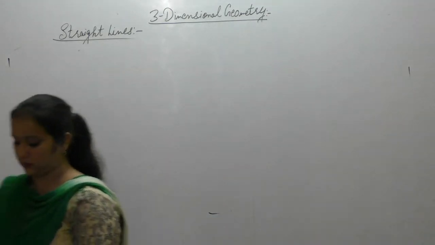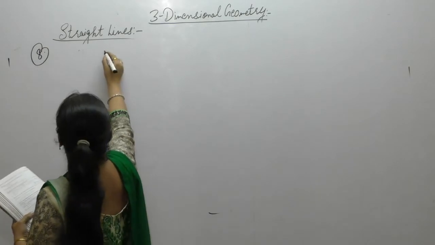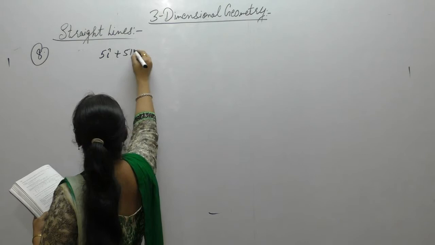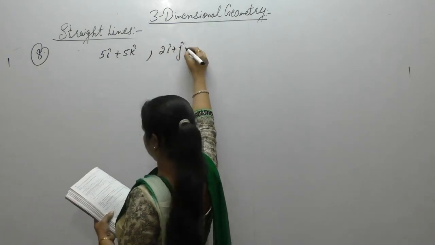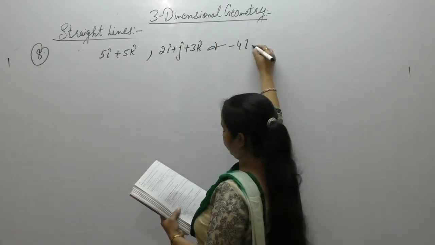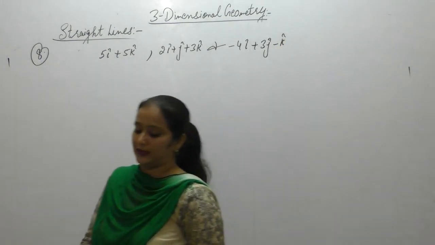Now the next one. Show that the points whose position vectors are 5i plus 5k, 2i plus j plus 3k and minus 4i plus 3j minus k are collinear.